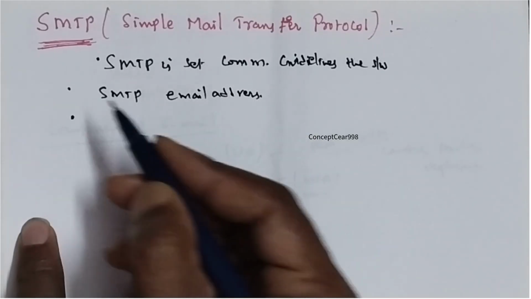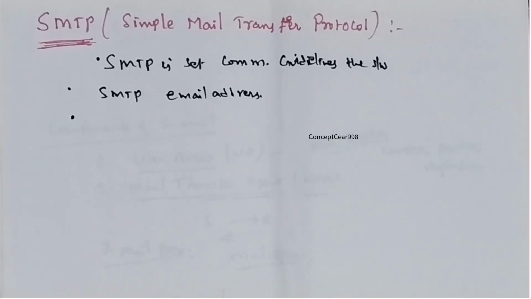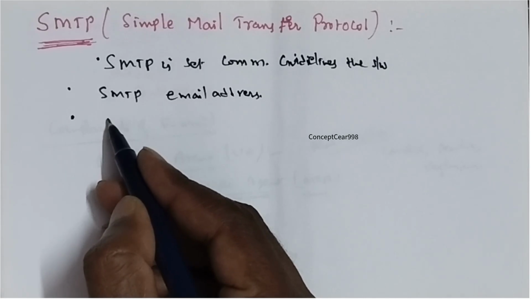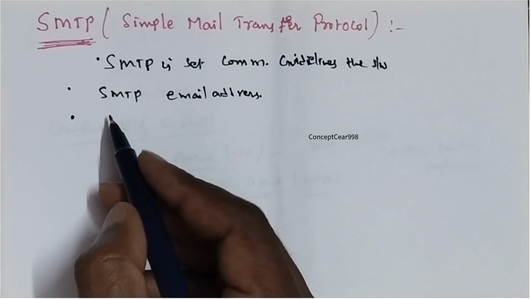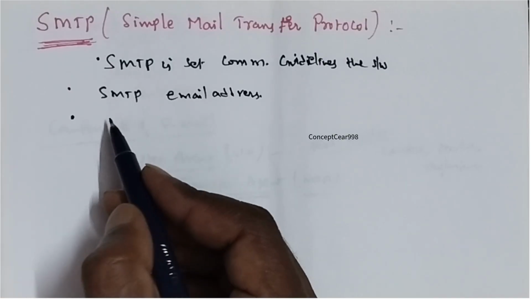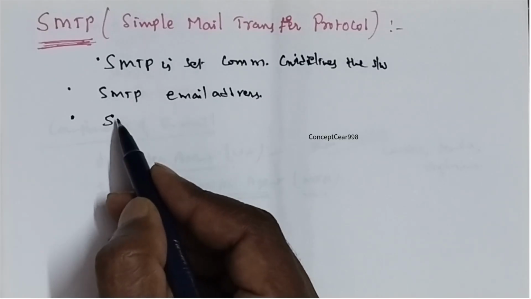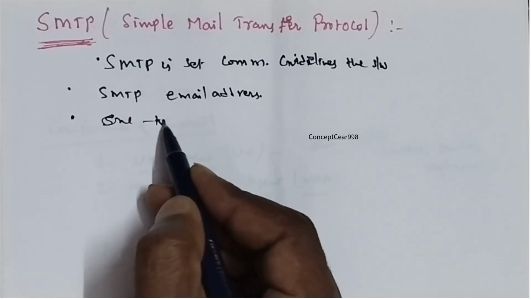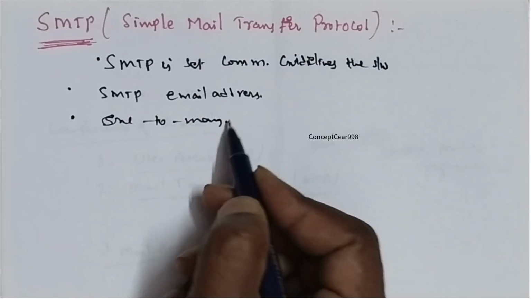It provides mail exchange between users on different computers. Generally, a mail will be exchanged from one user to another user or one computer to another computer. It can send a single message to one or more recipients. The same message will be forwarded from one to many.